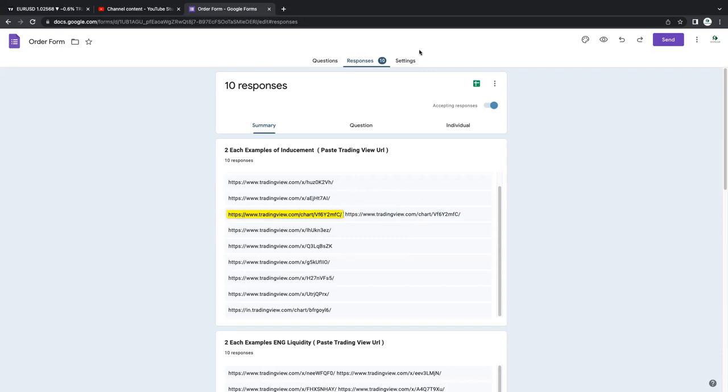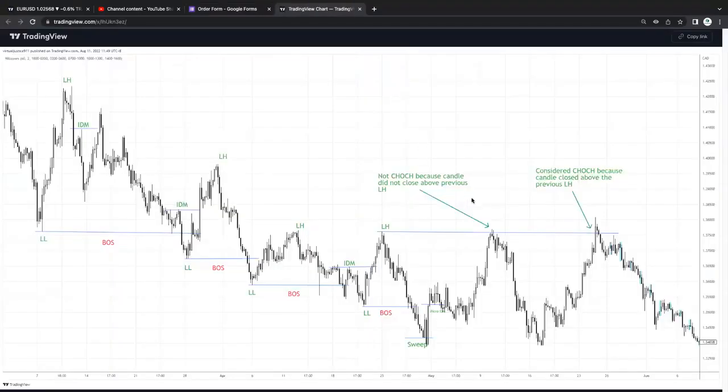Okay, what happened? Always share your TradingView URL. Same. Okay, structure, box, inducement, break of structure, there's no inducement.